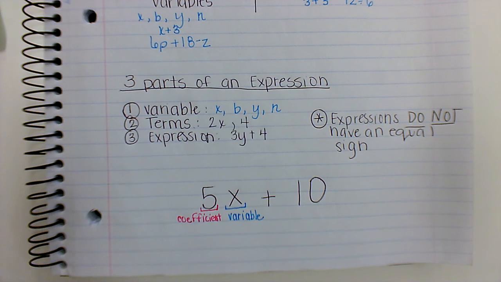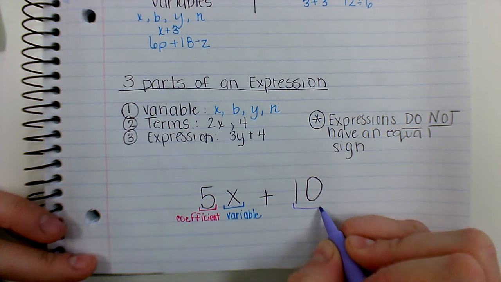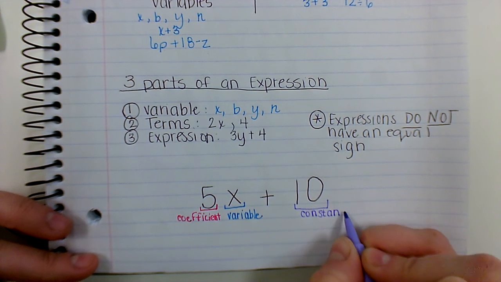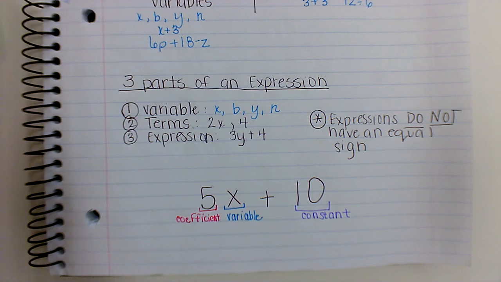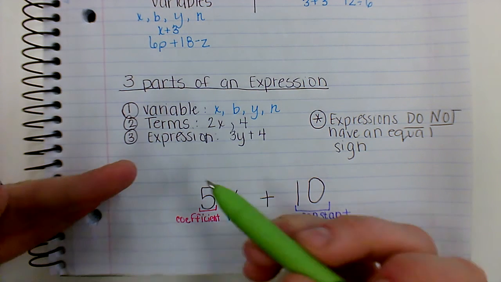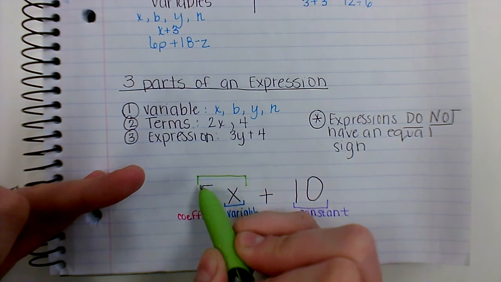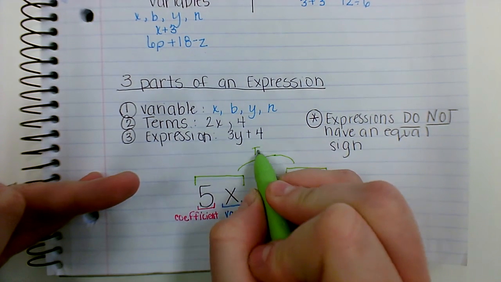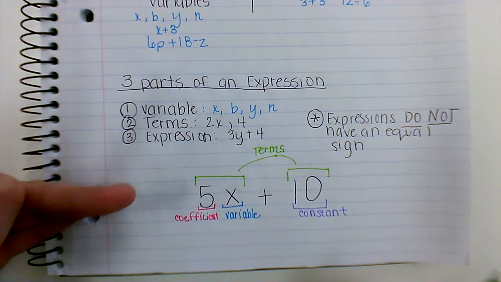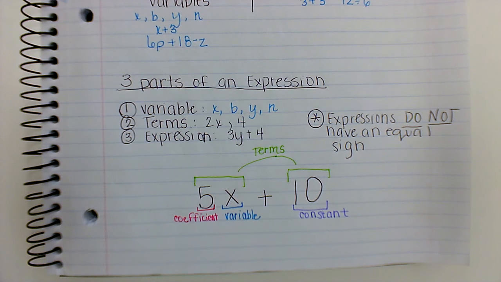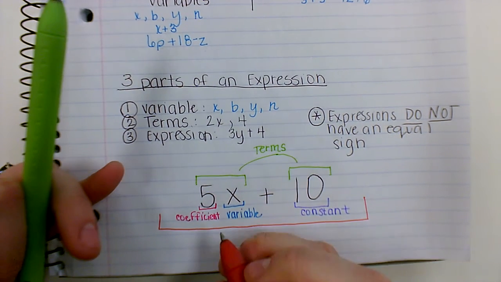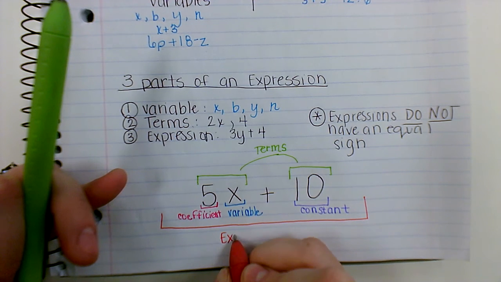If you have a number that's by itself, that is going to be called a constant. And like I said before, any part of an expression is called a term. So these are both called terms. And the entire thing put together is called the expression.